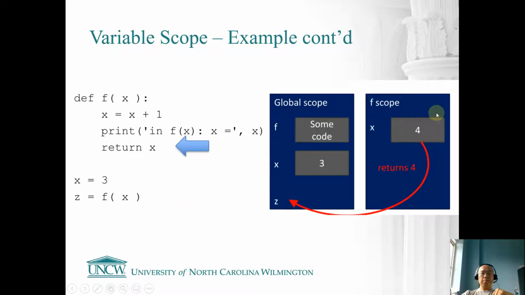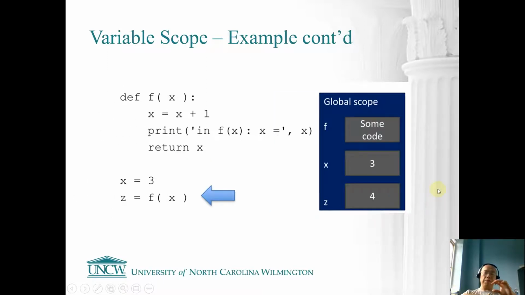And then is the local function scope still available? The answer is no, because we have finished the function call, and whatever is inside the local scope will no longer be accessible after here.